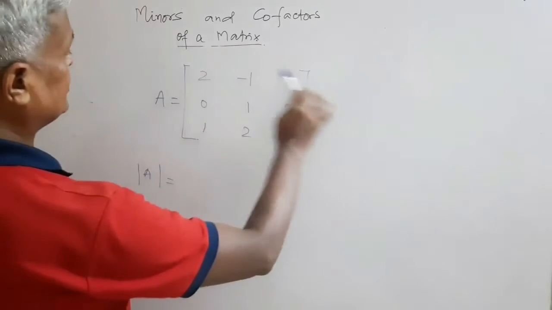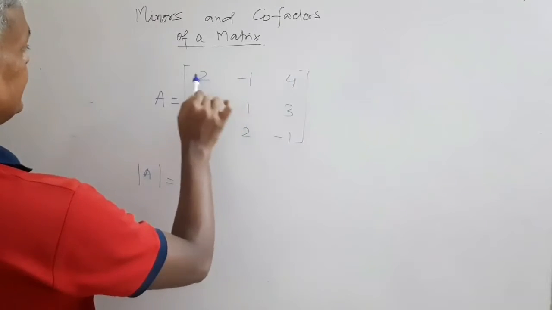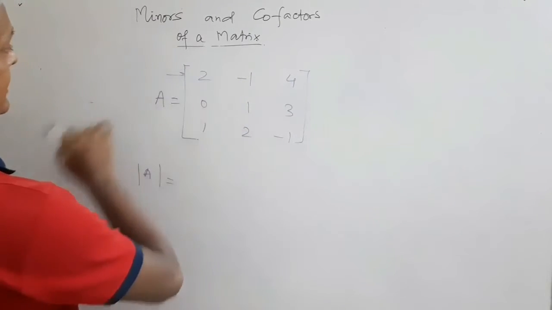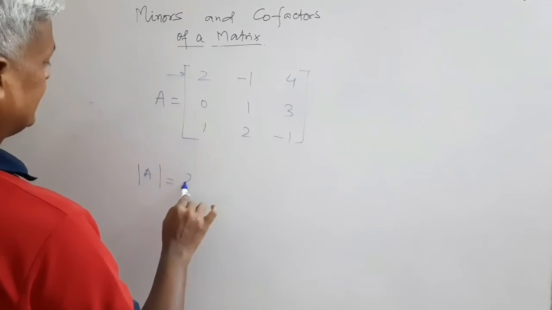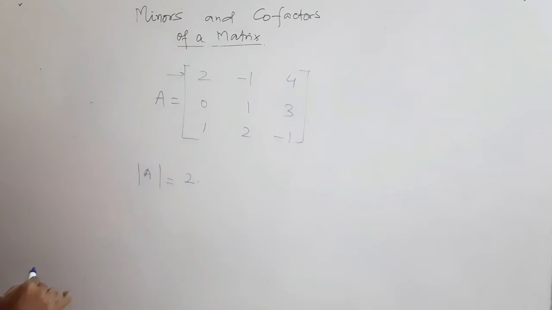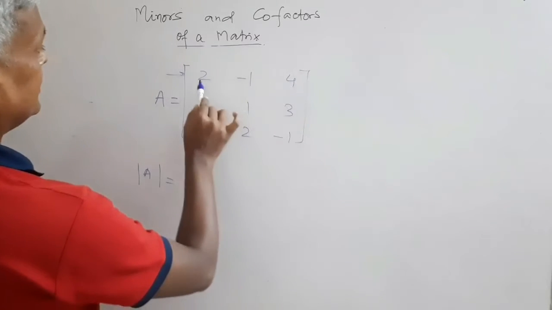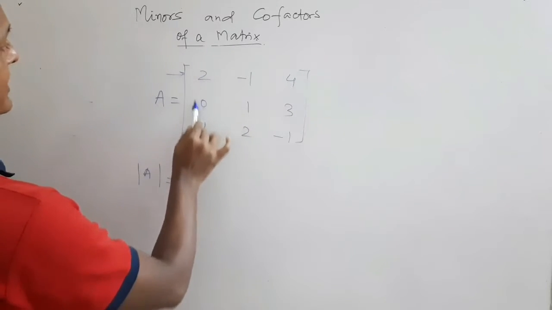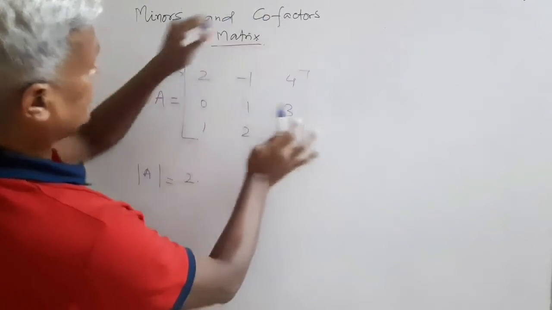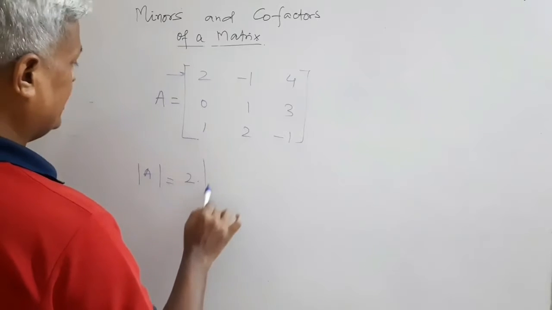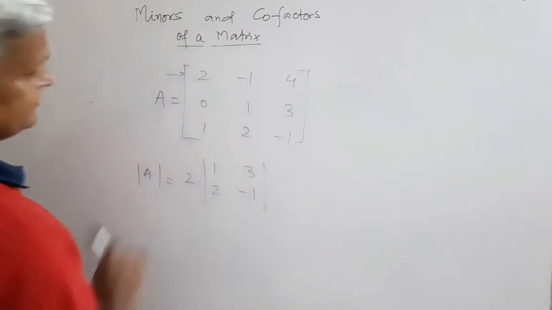First you take any row or column, whatever. Suppose I take the first row, this is my target row. So 2 is the element, multiplied with the minor value of the determinant of this element. Means if you just cover its row and column, what do you get? 1, 3, 2, minus 1.